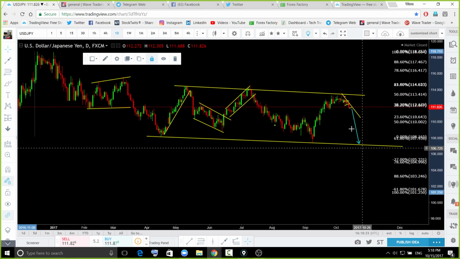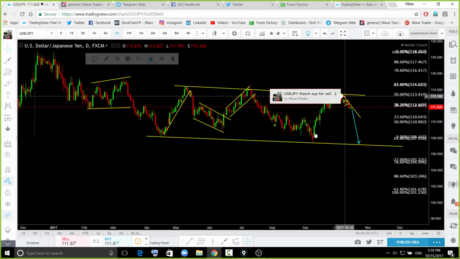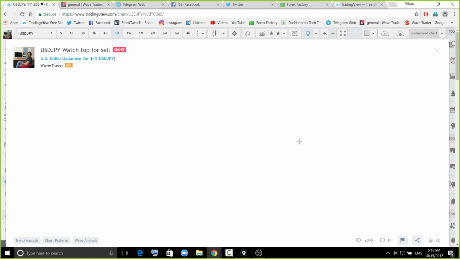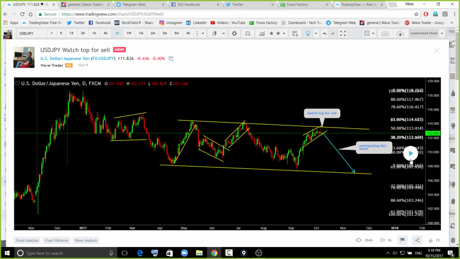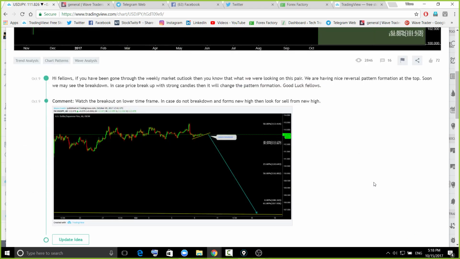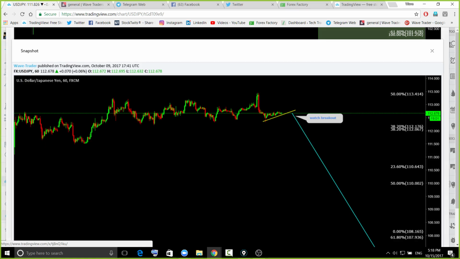So it looks like this pair is falling, but not falling so aggressively, not falling the way we want this pair to fall to the downside. Falling correctively, but still okay. We are already in that trade from that top.